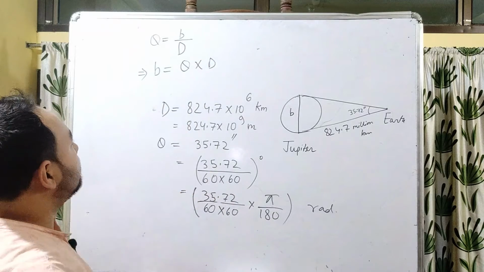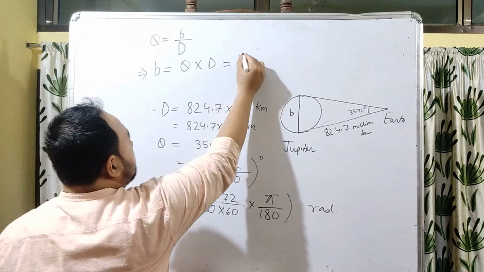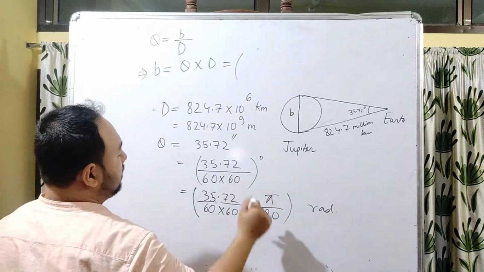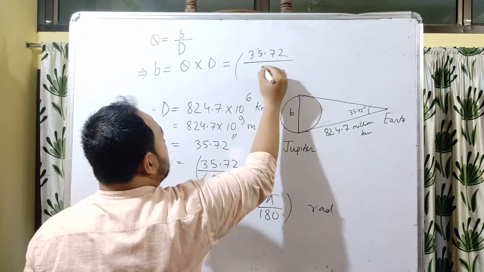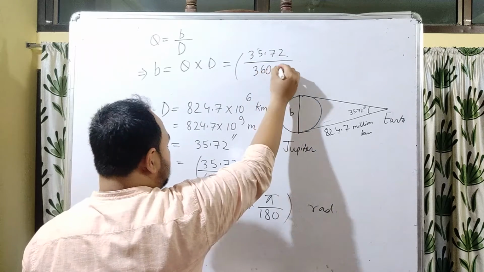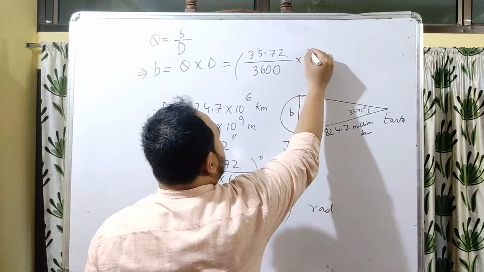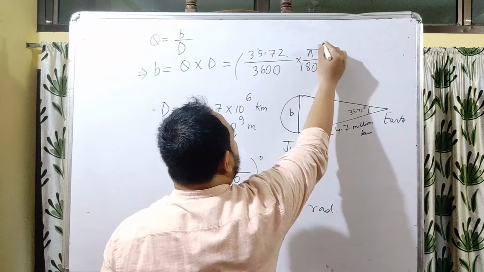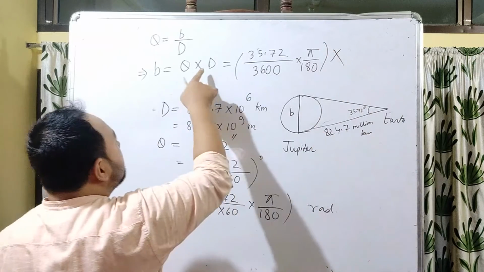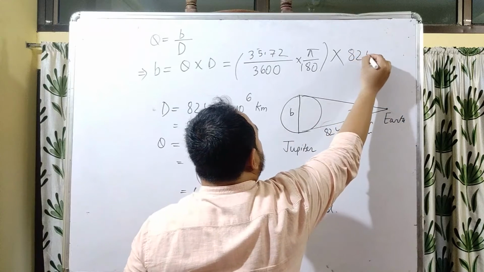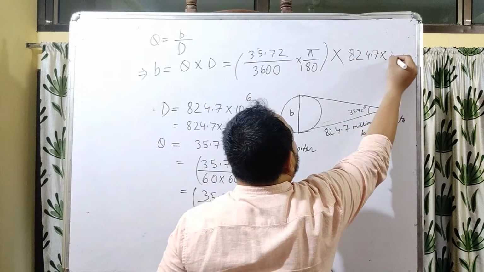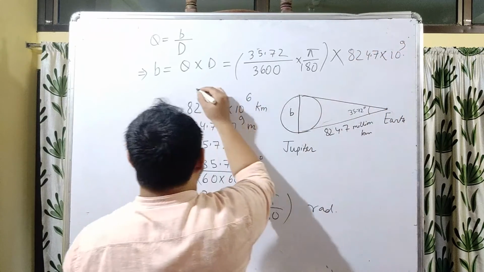So putting these values, value of theta 35.72 over 3600 into pi by 180, and distance will be this 824.7 into 10 to the power 9.